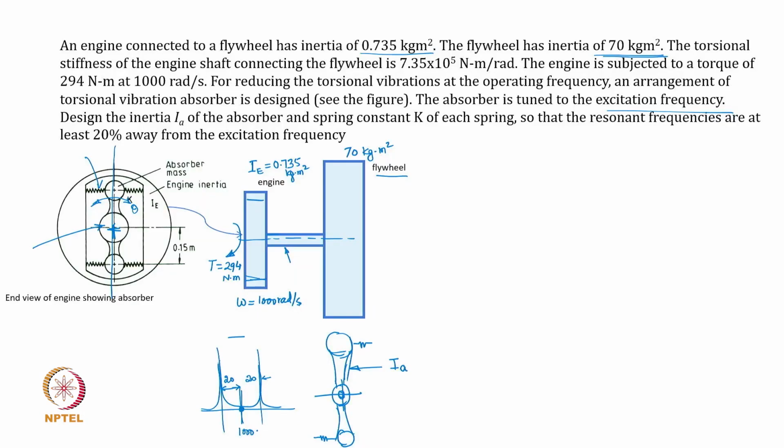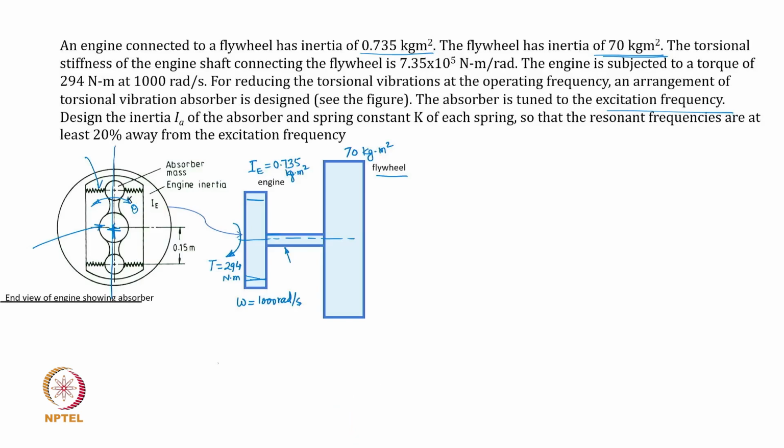Now if I try to see this particular system similar to the system that we have discussed in the previous slide, I can immediately see that this flywheel inertia is very large, 10 times large, and we have seen in one of the explanations that if one stiffness is too high or one mass is too high compared to the other one, I can assume this flywheel to be almost like a rigid one.